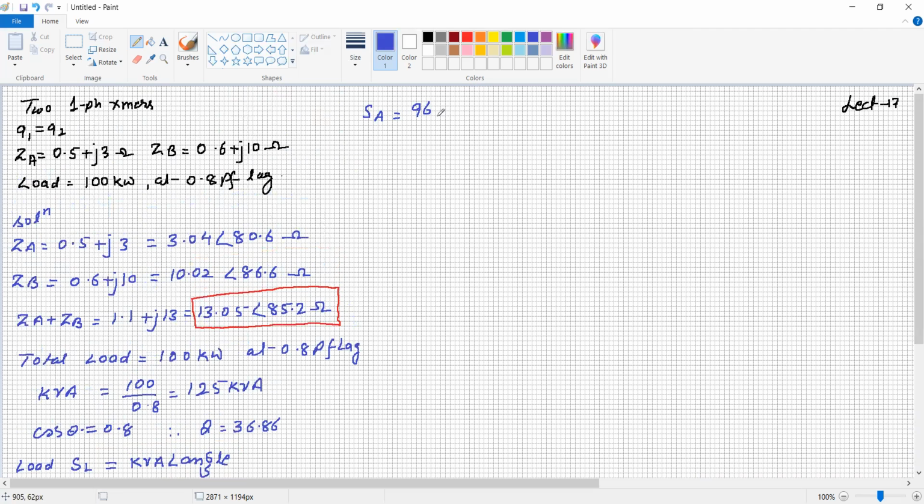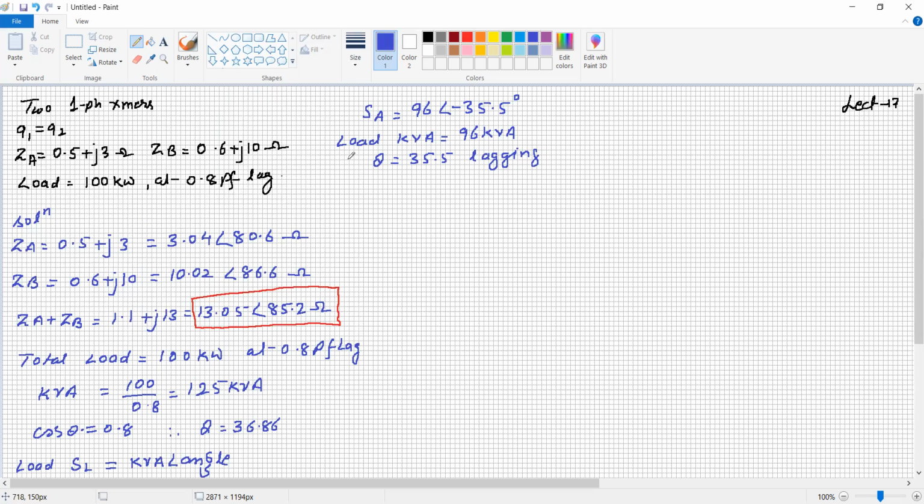By this way, the load shared by transformer A, SA, is equal to 96 at an angle of minus 35.5 degrees. It means that the load is 96 kVA at an angle of 35.5 lagging.